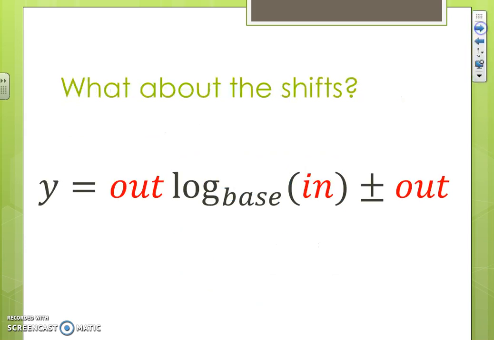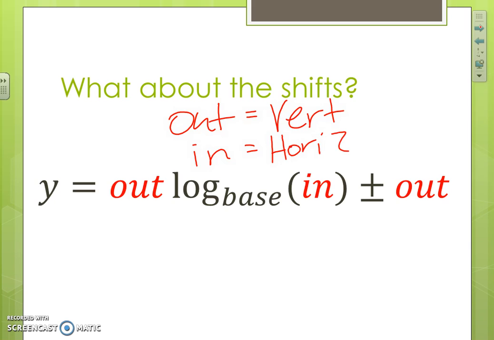Go to the next slide here. What about our shifts? Okay, remember we talk about our inside and outsides of our function. Anything that occurs on the outside of a function causes the vertical shifts or flips. Anything on the inside of the function causes your horizontal shifts. Outside is going to be anything out in front of our log, or anything back behind it, usually added or subtracted.